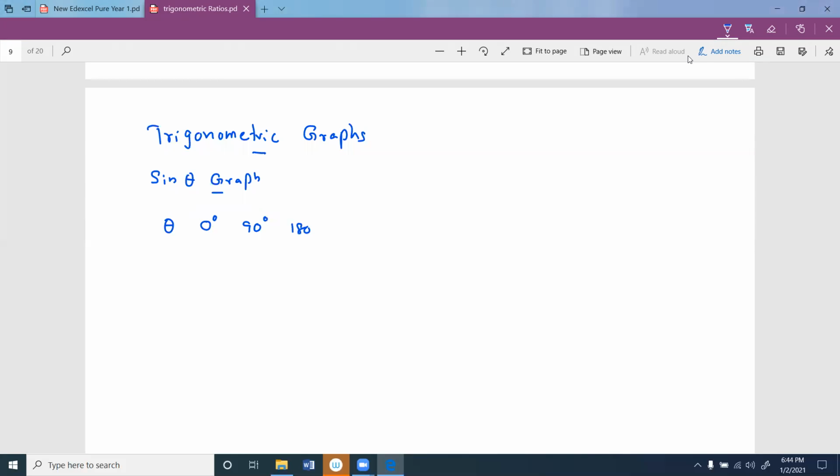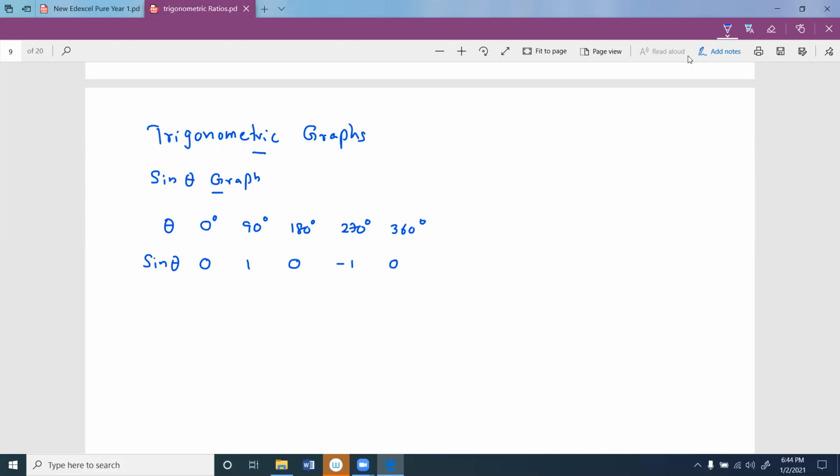This gives you some understanding of the sequence of the graph. 270, 360. Now take your calculators and find the value of sine theta. Sine 0 turns out to be 0. Sine 90, you can use your calculator and see it's 1. Sine 180 is again 0. This turns out to be minus 1. Again, this turns out to be 0, right?